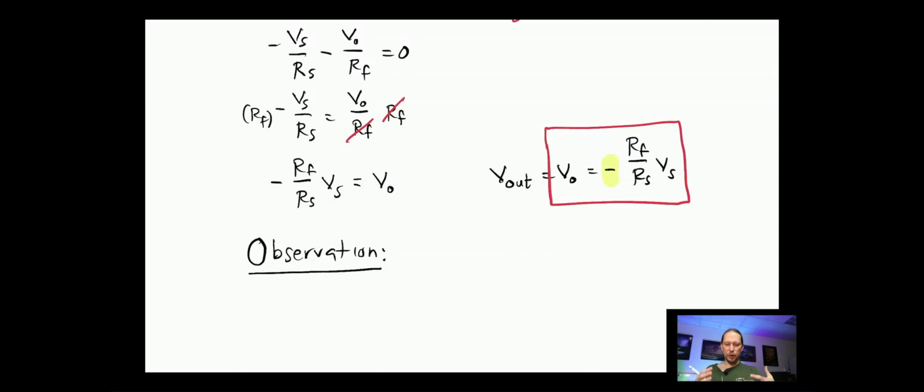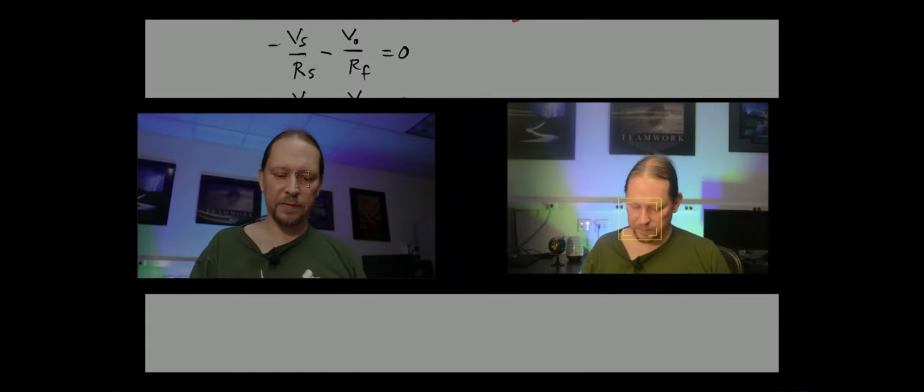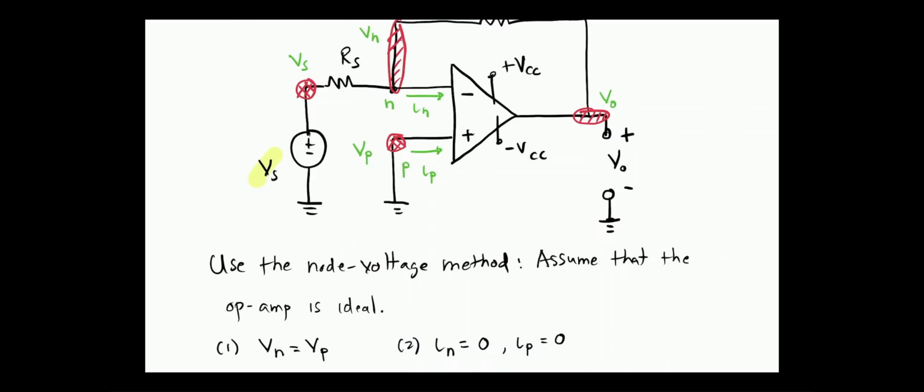Notice that if I input a positive voltage value, so if I input over here a voltage with this polarity that's positive, then at the output, because of the minus sign, it's going to invert it at the output. We're going to get a negative voltage. If I input a negative voltage, that minus sign that multiplies to give us the output voltage will invert it. It will actually turn it into a positive voltage. So this is one of the reasons why this particular circuit has that particular name, the inverting amplifier circuit.